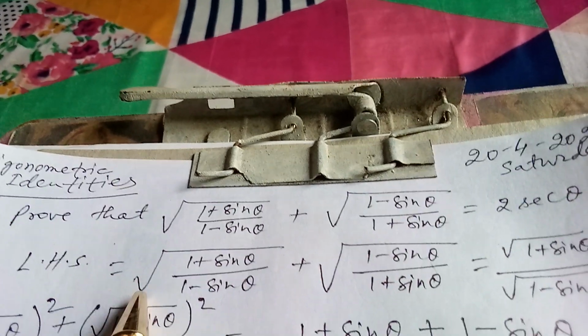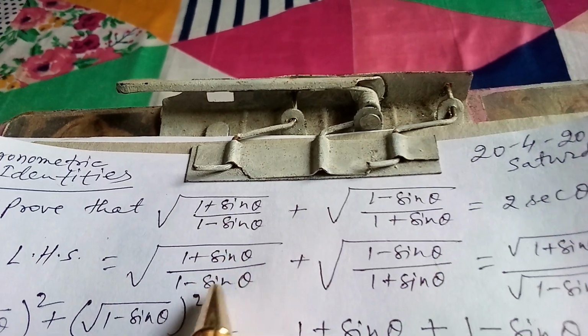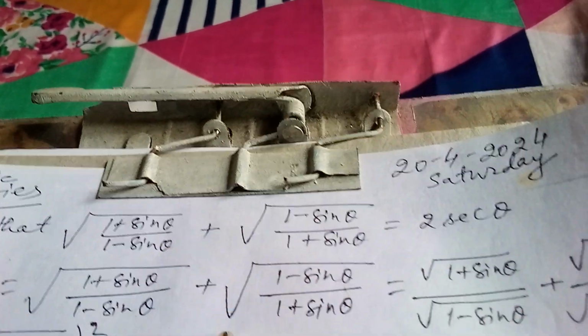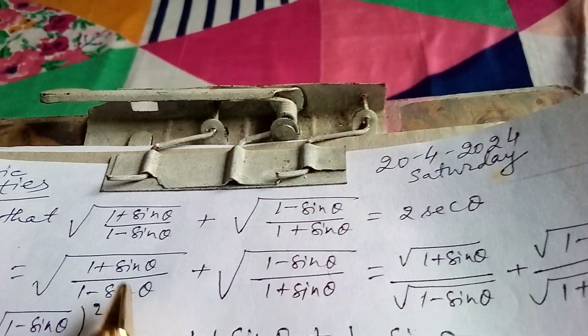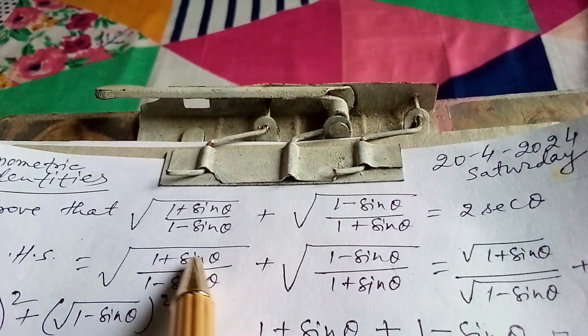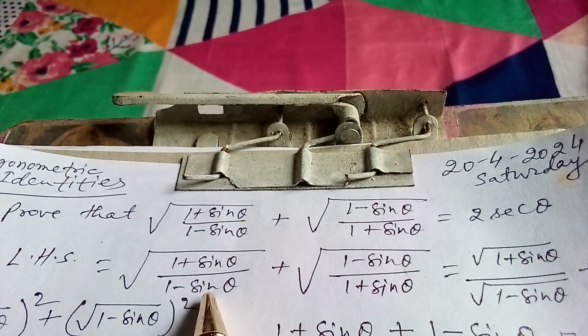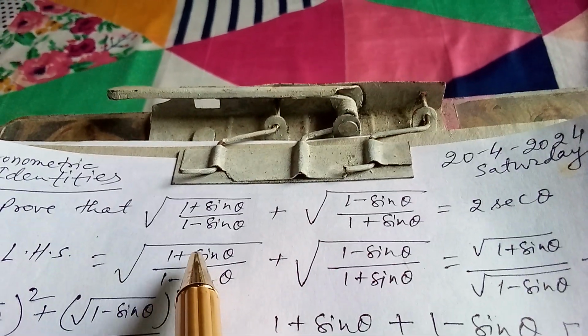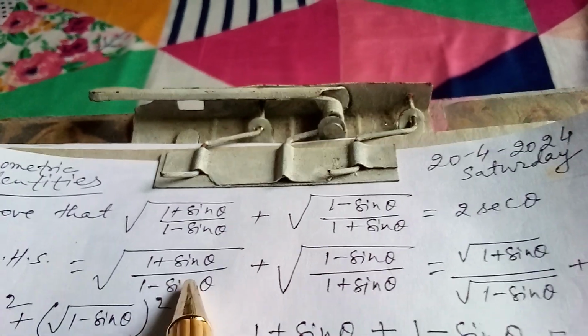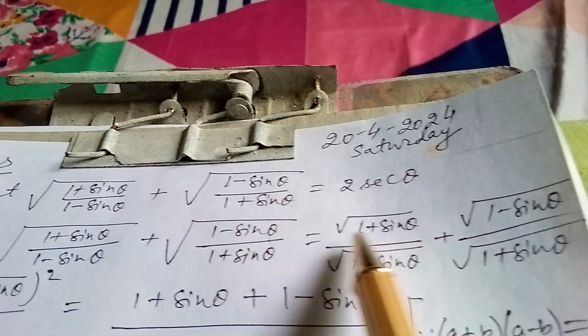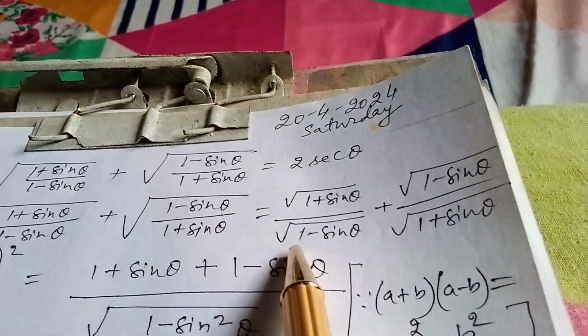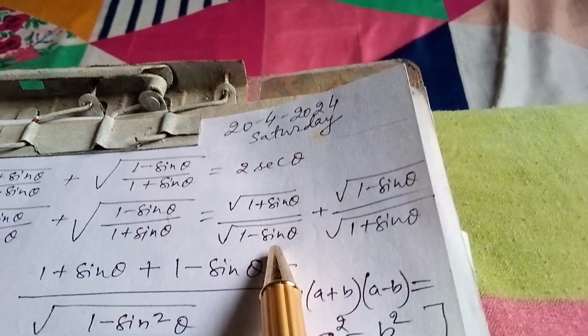LHS equals square root of (1 plus sin theta) by (1 minus sin theta) plus square root of (1 minus sin theta) by (1 plus sin theta). Here both the numerator and denominator are in the square root, so this is separated, and 1 plus sin theta is written in square root, and 1 minus sin theta is also written in square root separately.